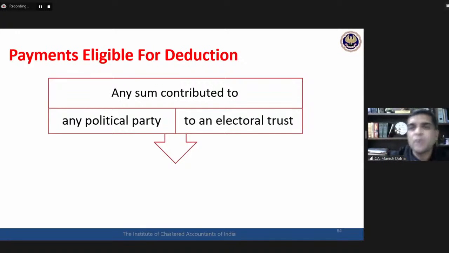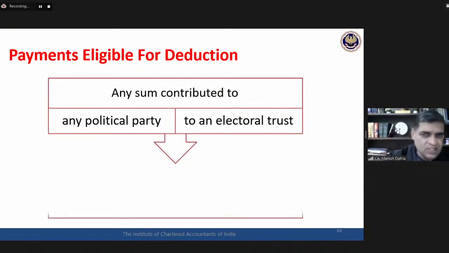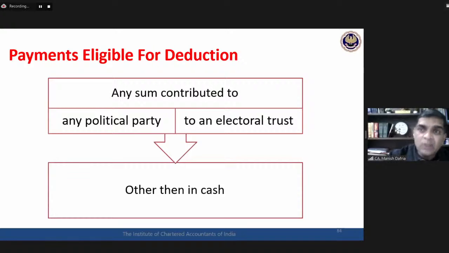Electoral trusts are bodies formed to give donations to political parties. So either you can give a donation directly to a political party, or you can donate to an electoral trust, and that trust would donate that lump sum money to the political party. You as a contributor, you as a donor, may give a donation to either of them. The only requirement is this cannot be a cash donation.